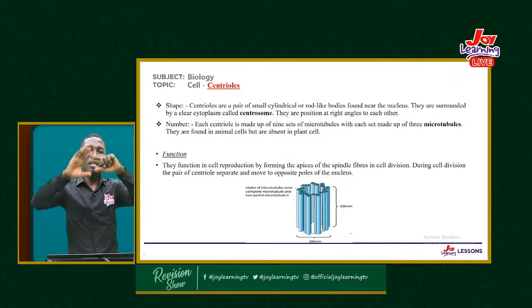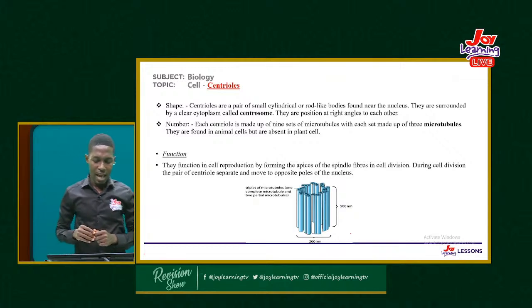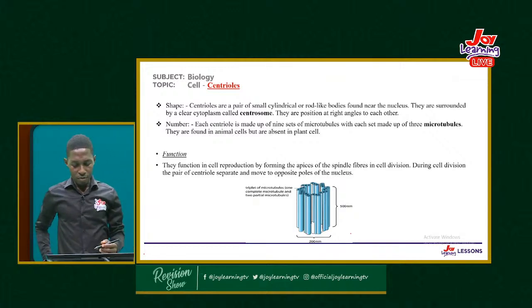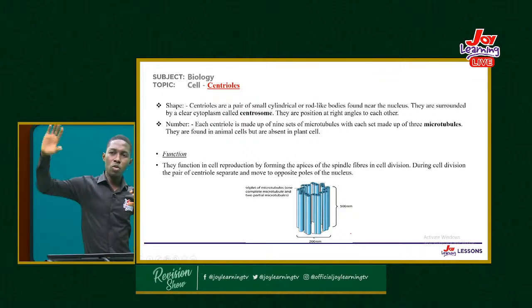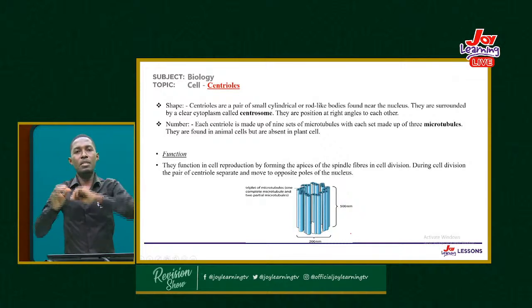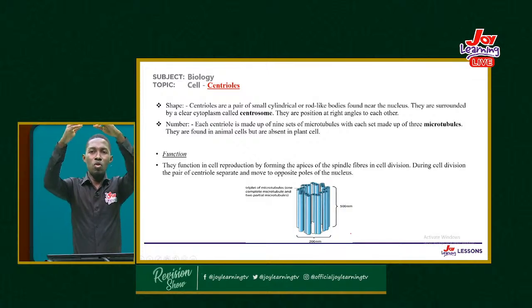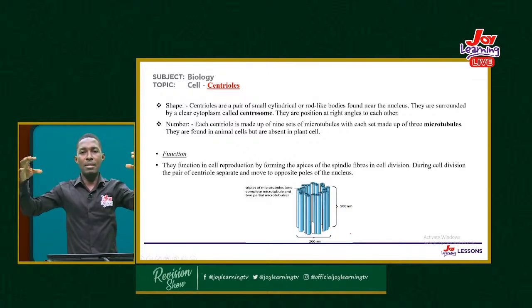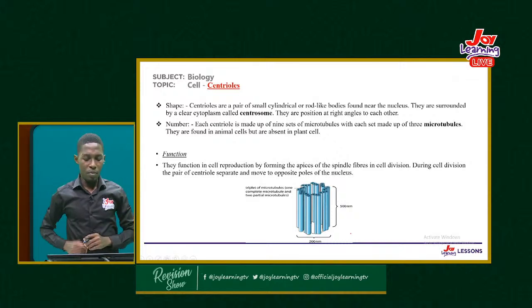So there will be 4. Then they would have to move to separate parts. And this is how they behave. So when they go to the opposite poles of the cells, they will start to form spindle fibers, as we studied in cell division, hold on to the chromosome and try to pull them apart so that at the telophase stage, they end and help in cell division.